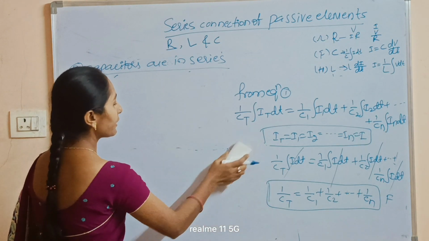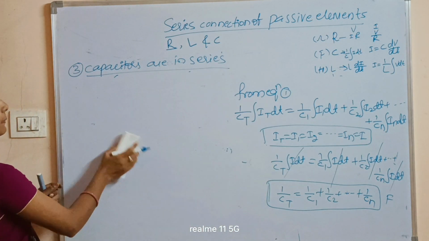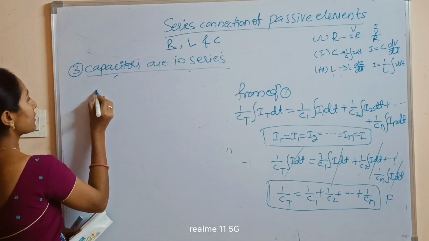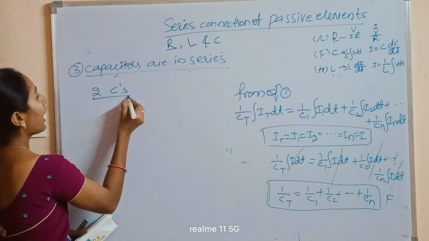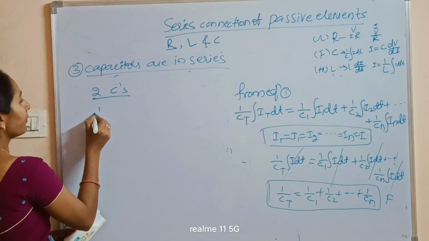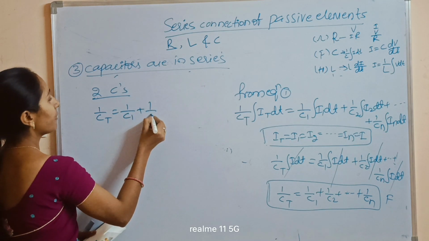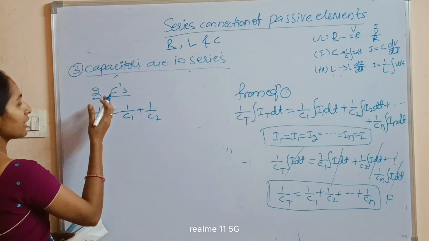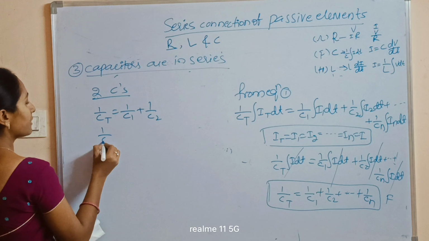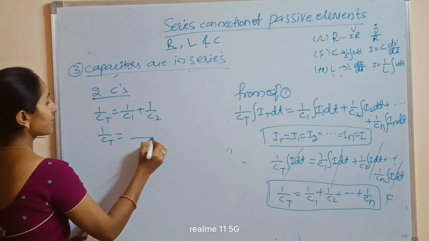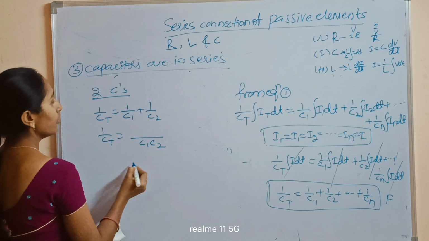So, what is the equivalent capacitance? Here, two capacitors are in series. So 1 by C total is equal to 1 by C1 plus 1 by C2 only. Now take the LCM here. C total equals to, what is the LCM? C1, C2.